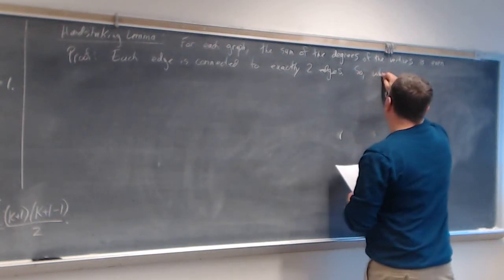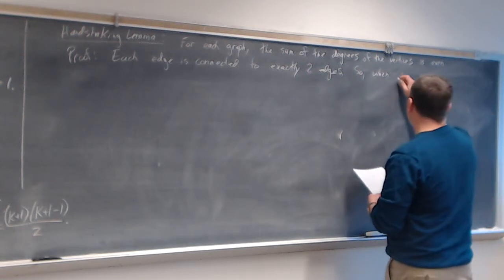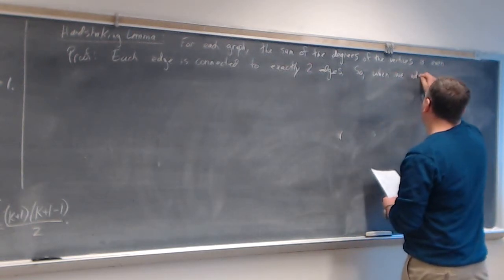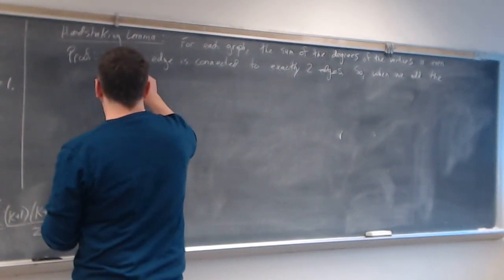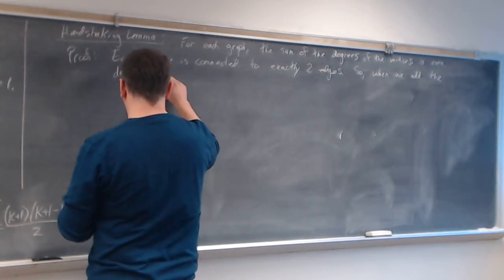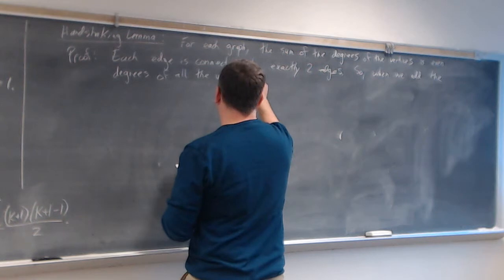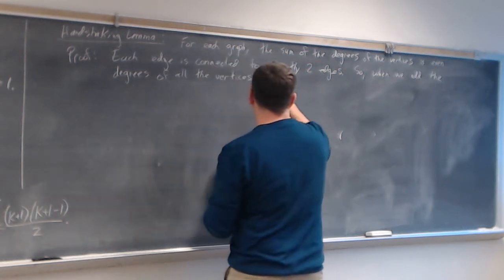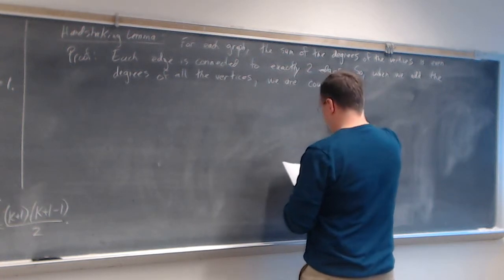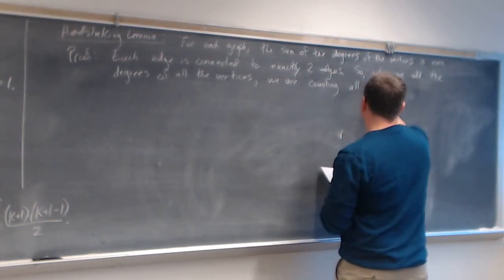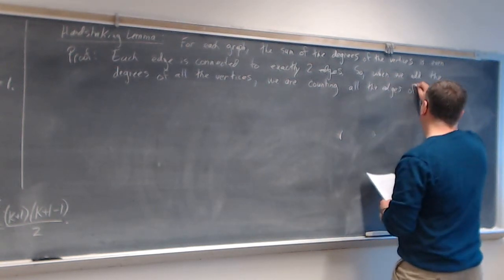So when we add up the sum of the degrees of all the vertices, we are counting all the edges of the graph twice.